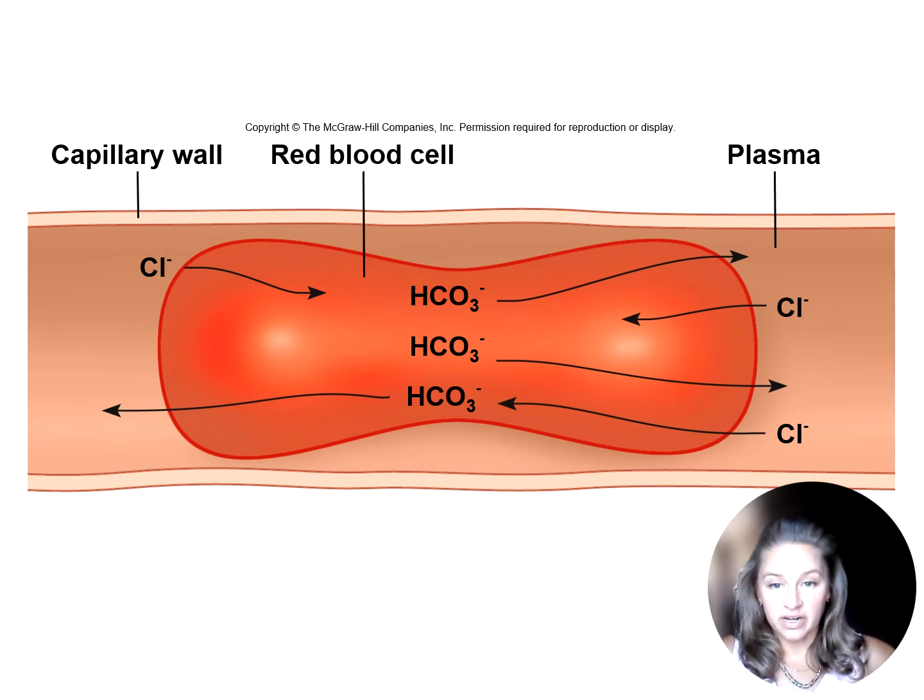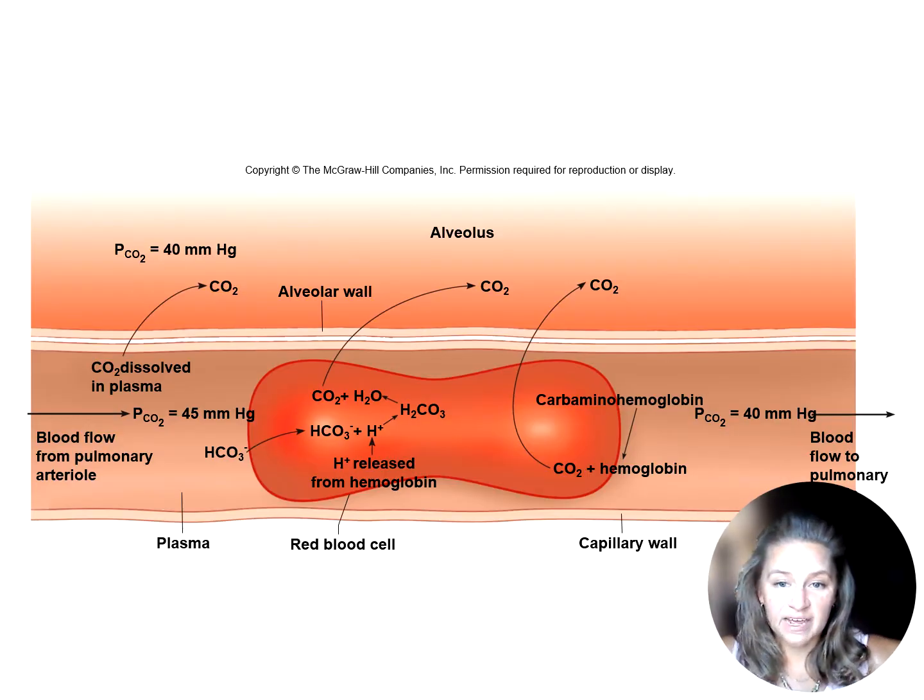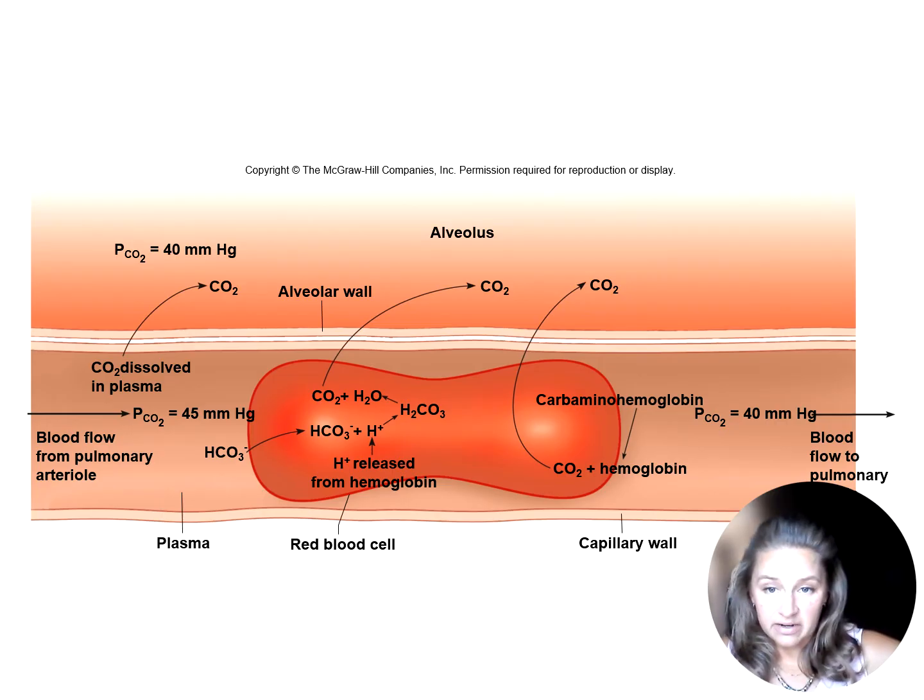So this is called the chloride shift. And then this is what's happening during exhalation. So once we get back to the lungs, the bicarbonate ion is going to be converted back into carbon dioxide, and then the carbon dioxide will diffuse into the alveolus and then be exhaled as carbon dioxide.